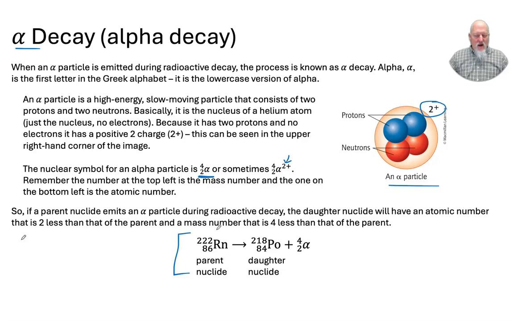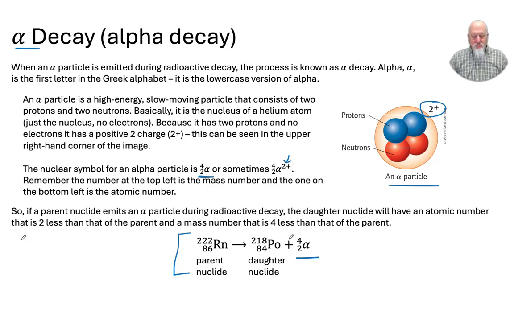Okay, so we have radon-222, which has a mass number of 222. The atomic number of radon is 86. So the difference in that would be the number of neutrons. So when this breaks down, it loses an alpha particle.